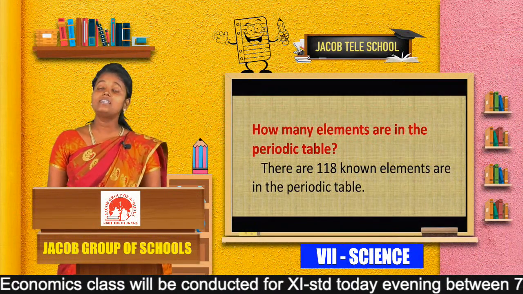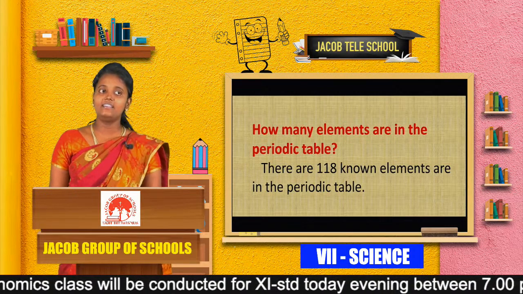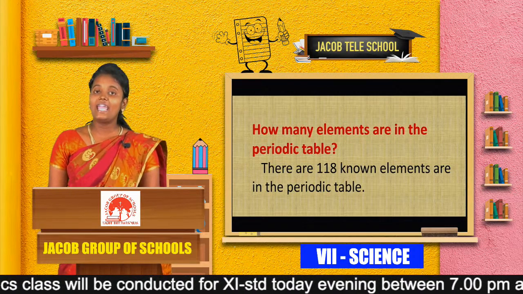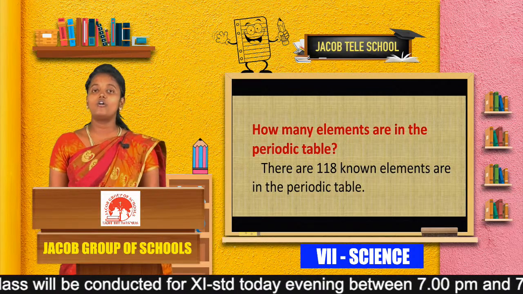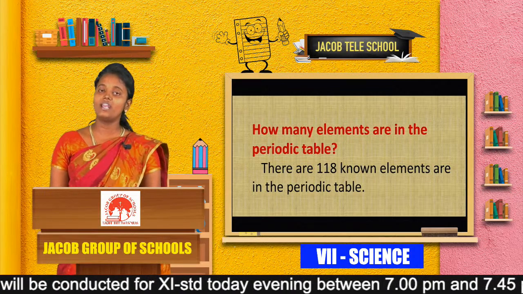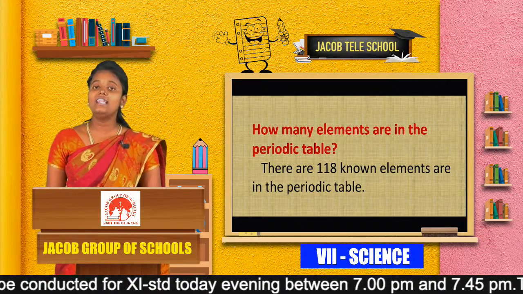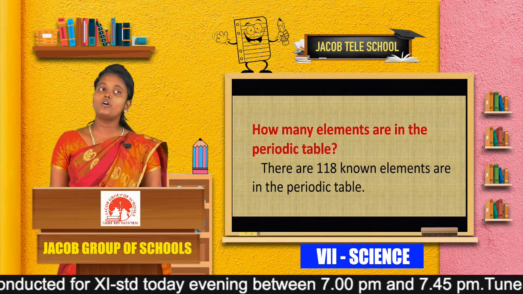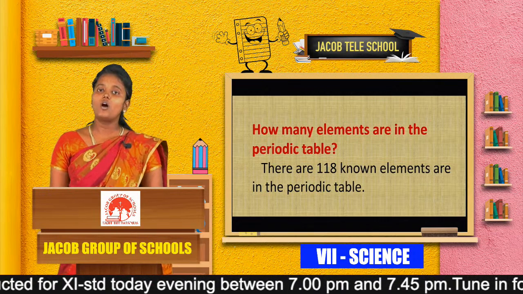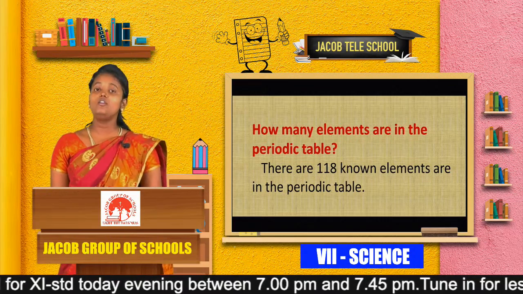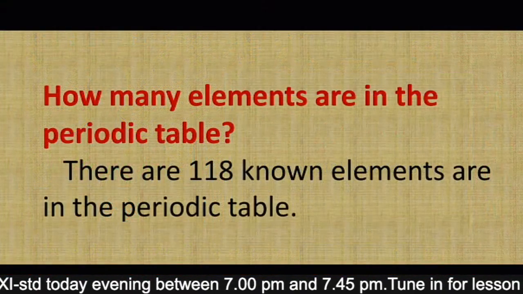How many elements? 118. It is a very important question. Students, kindly write down how many elements are in the periodic table. There are 118 known elements in the periodic table.